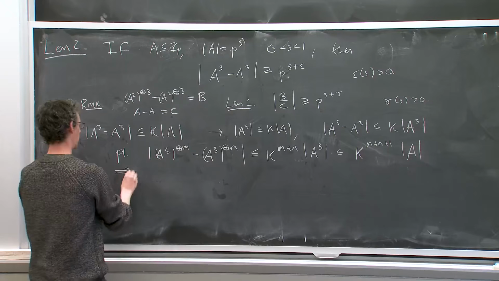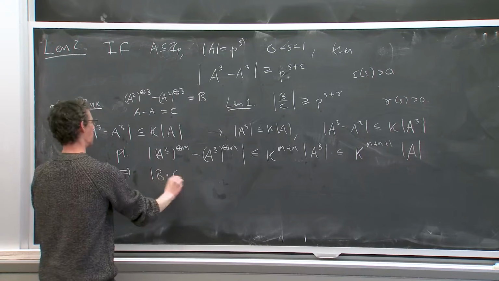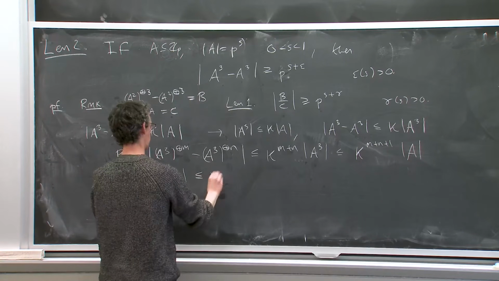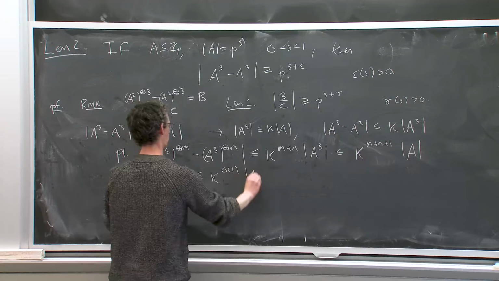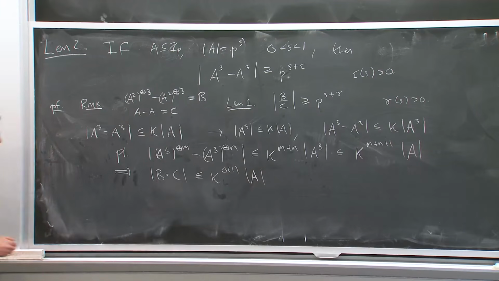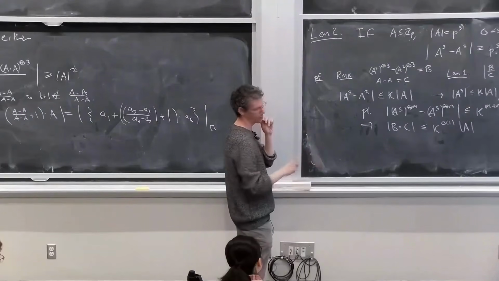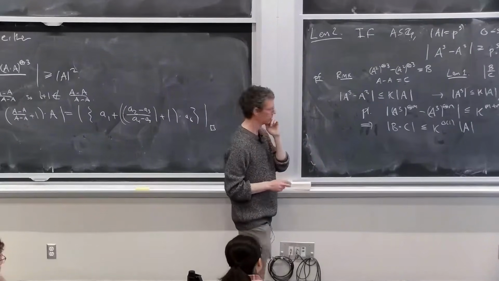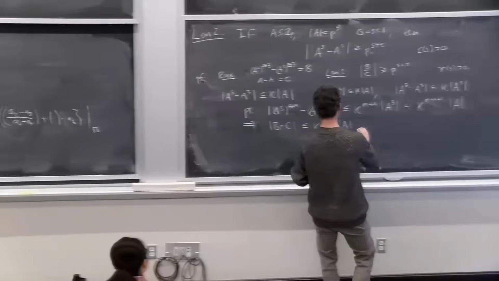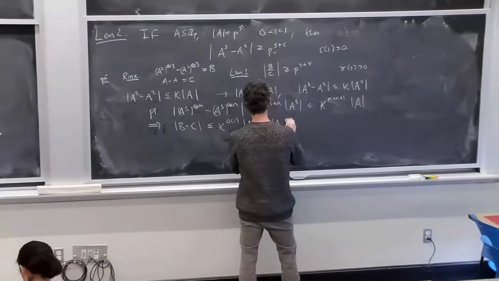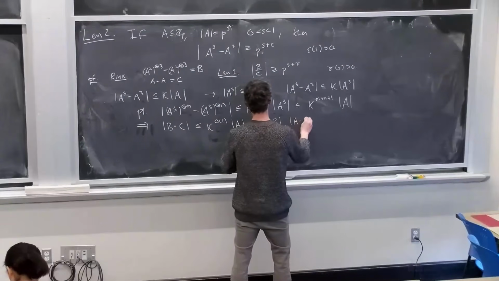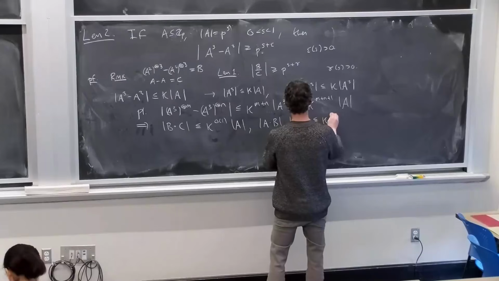So that tells us that B times C is small. B times C and B divided by C are related to each other. We can also say that A times B and A times C will also be small.